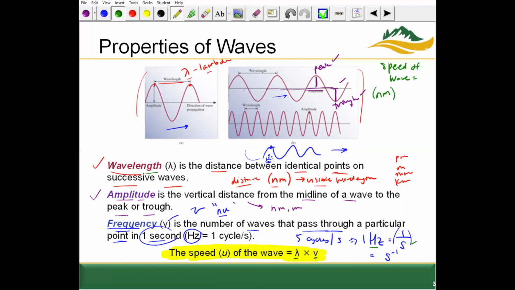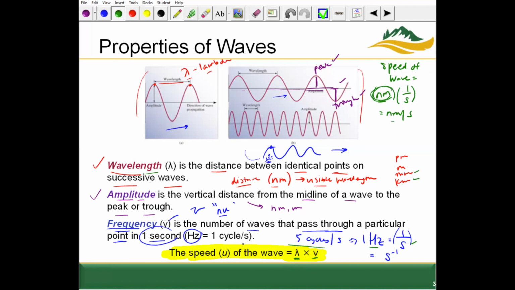So we're taking a unit of distance times a frequency, so 1 over seconds. That means the speed of the wave here would be reported in nanometers per second. We could also have meters per second, it just depends on what unit of distance you put in here for the wavelength. Could be nanometers, meters, millimeters, etc.